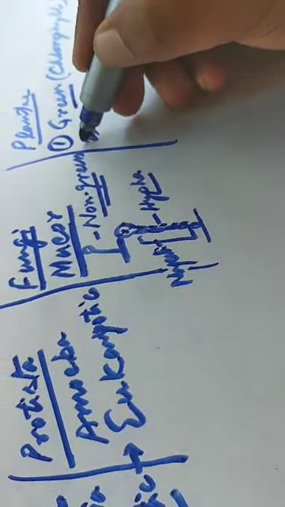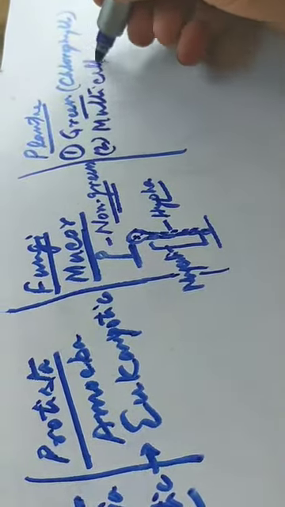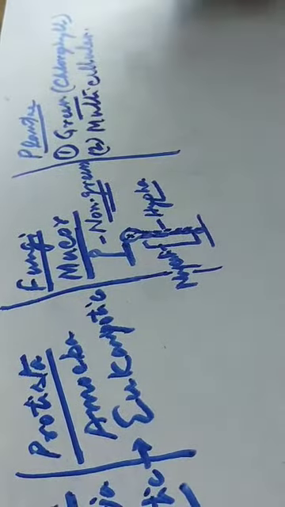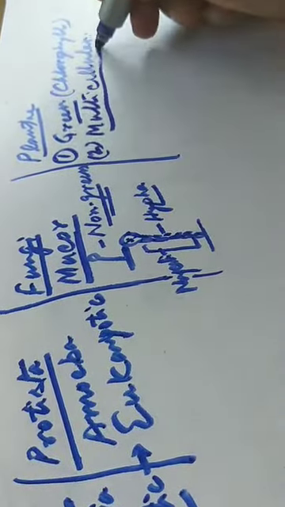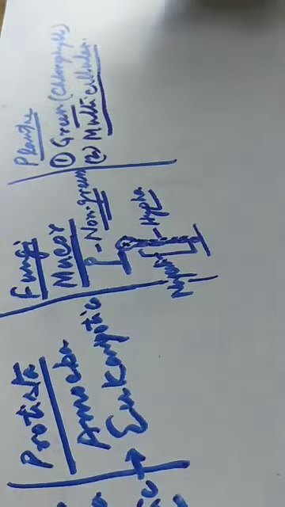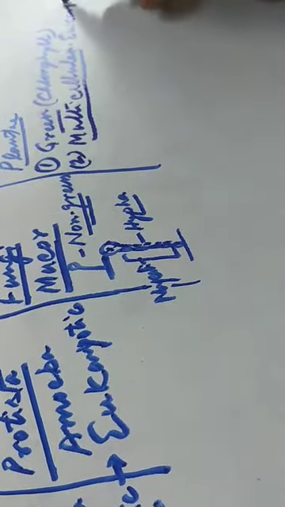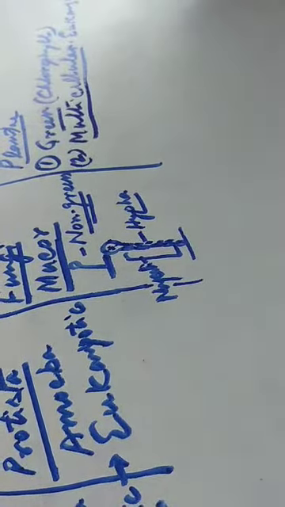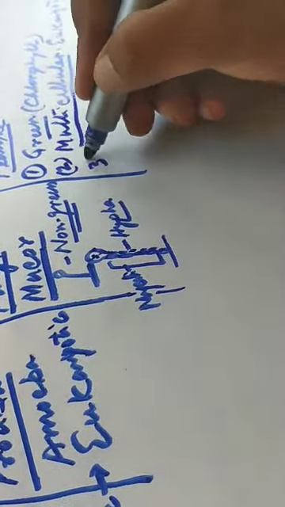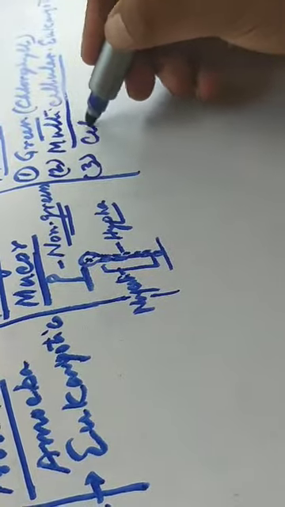And the second thing is, they are multicellular, right? When I say multicellular, it means their body is made up of so many cells. And what kind of cells? Eukaryotic, right? Eukaryotic means cells with a nucleus. The third thing, cells are surrounded by a cell wall, clear?